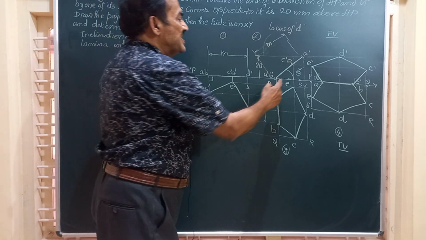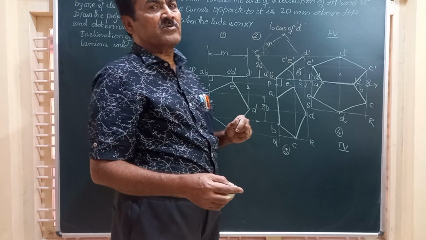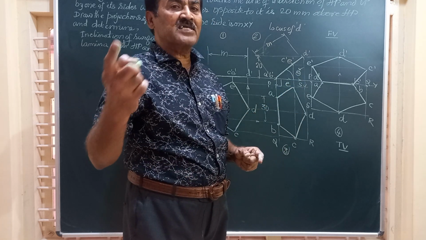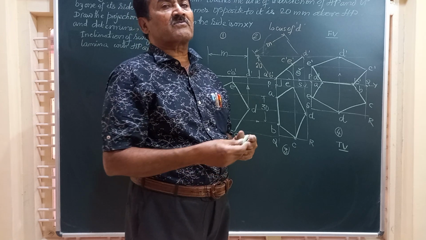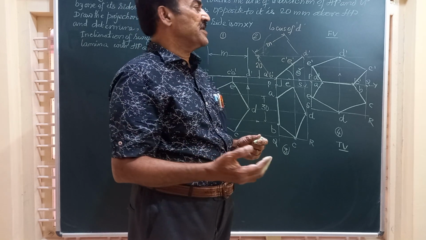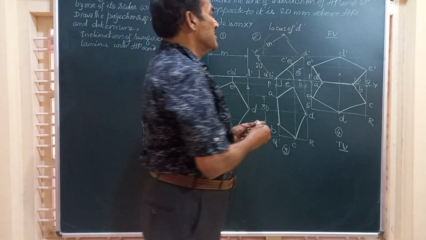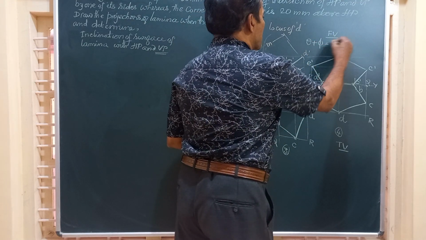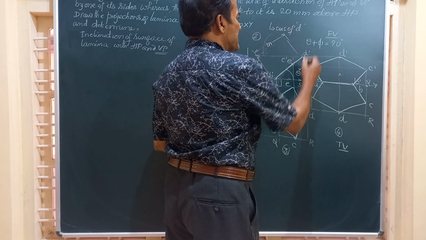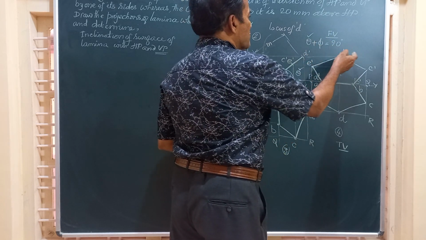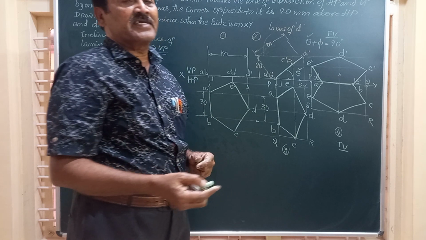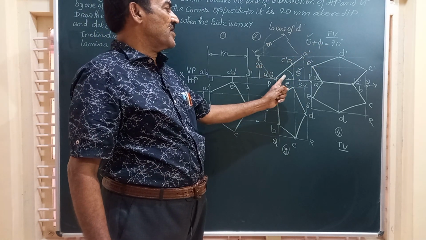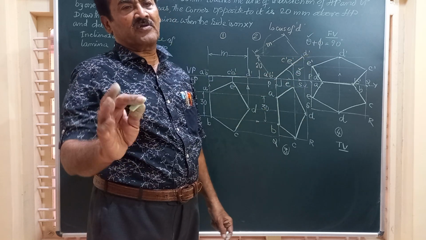If theta is some value, that is the angle made by the plane with HP, and if phi is the angle made by the surface with VP, then theta plus phi is equal to 90. Theta plus phi is equal to 90 degree. So we know this theta from the figure, and phi is going to be 90 minus theta. So if this is 30, that's going to be 60. If this is 45, phi is going to be 45.